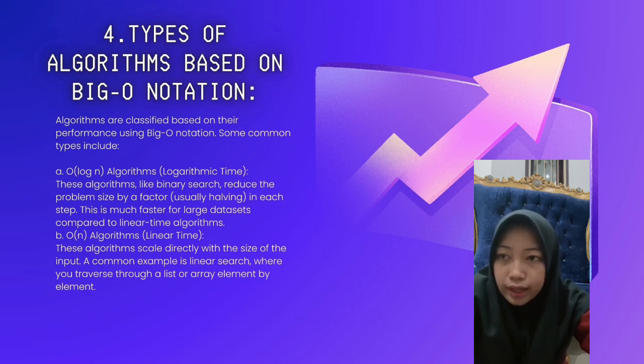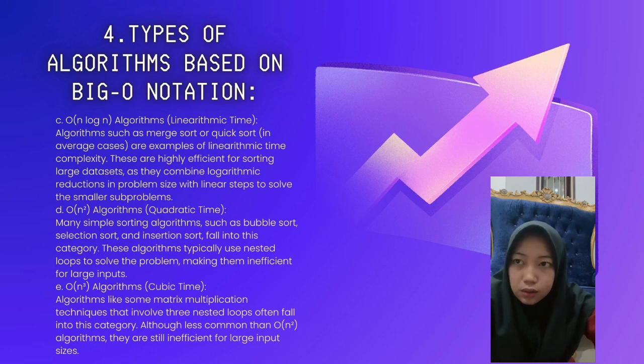B. O(n) algorithms, or linear time. These algorithms scale directly with the size of the input. A common example is linear search, where you traverse through a list or array element by element. Next, C. O(n log n) algorithms, or linearithmic time.